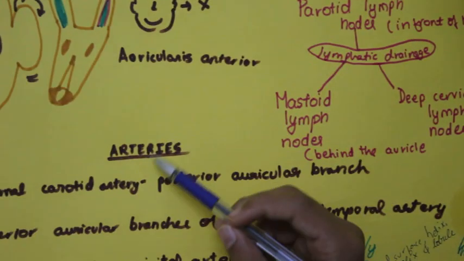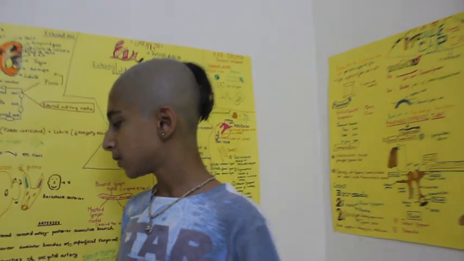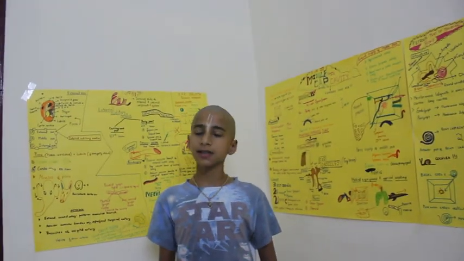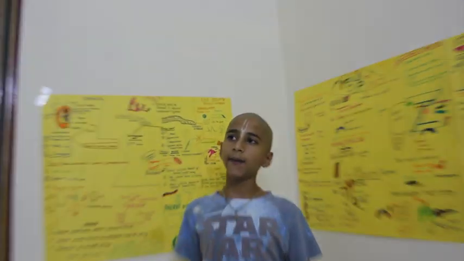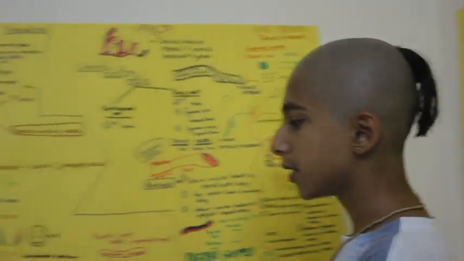And now we shall see the arteries. The external carotid artery. We have the external carotid artery and the internal carotid artery. The internal carotid artery has a sympathetic plexus around it, and that will be studied in the middle ear. For now, let us see the external carotid artery.